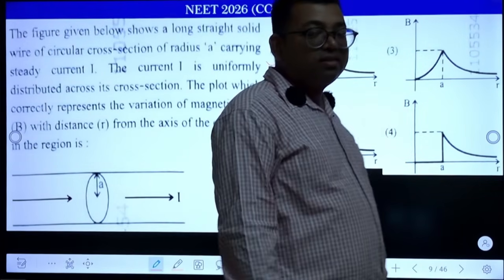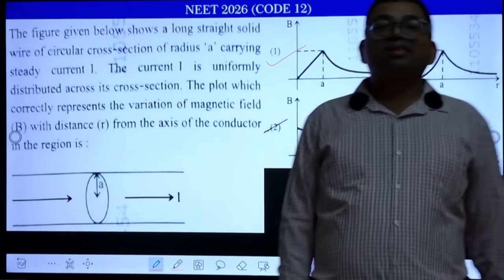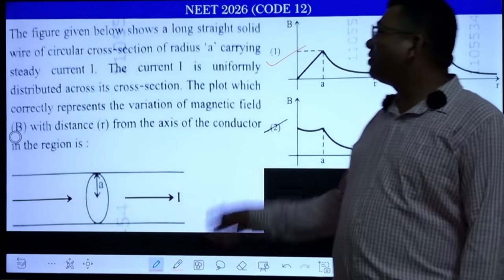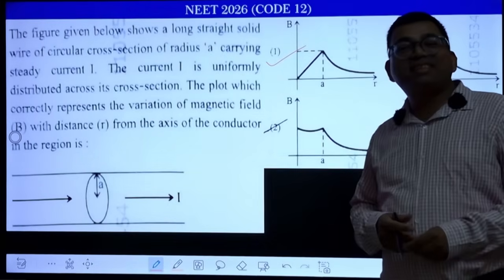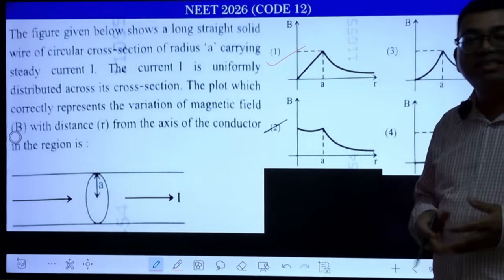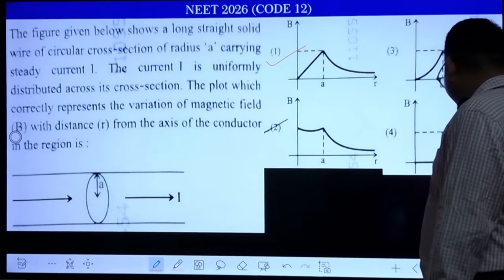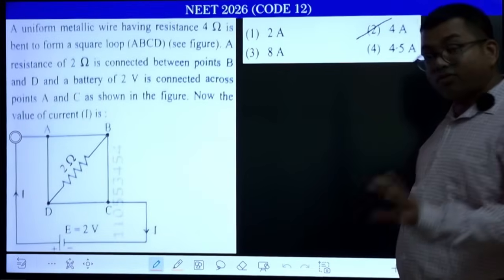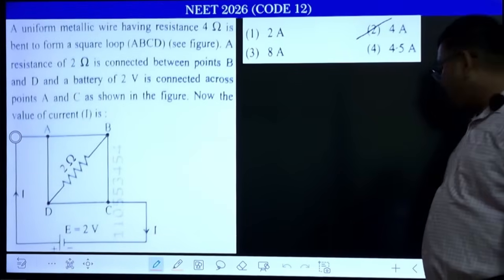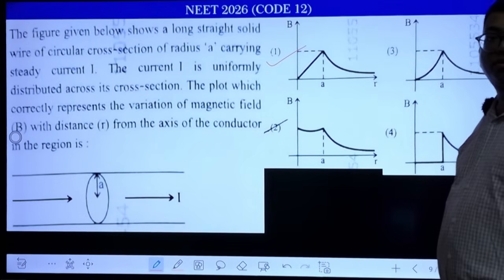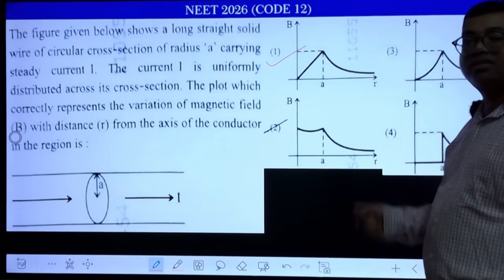It's a bonus type of question, a standard result based question. Of course it is solid. If it was hollow, then you could have gone with option 4. Let us move next.